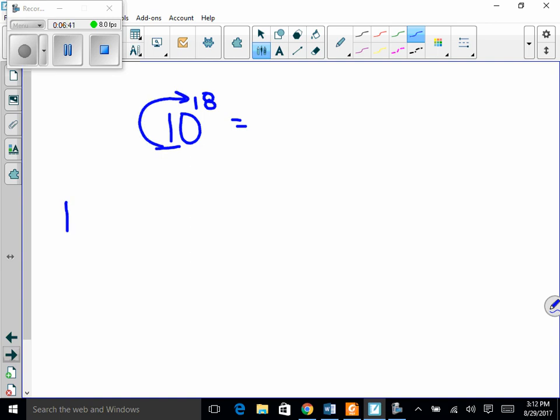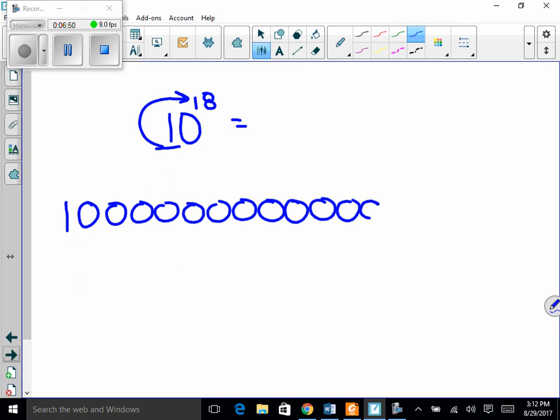Then you look up here and you have 18 zeros after it. 1, 2, 3, 4, 5, 6, 7, 8, 9, 10, 11, 12, 13, 14, 15, 16, 17, 18. And there you go. That number right there is the exact distance in kilometers around. If you were to drive around our solar system, that number is how big it is, which is crazy.